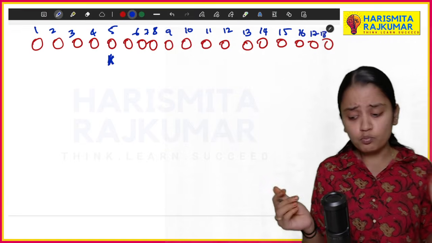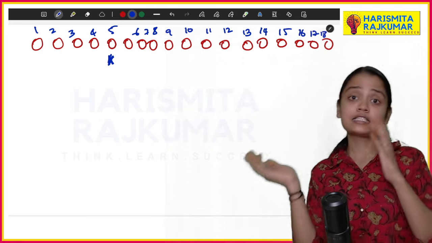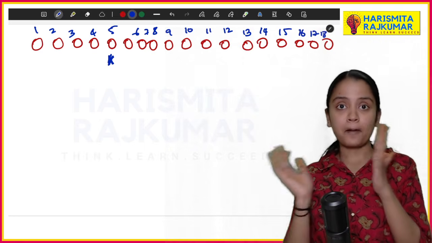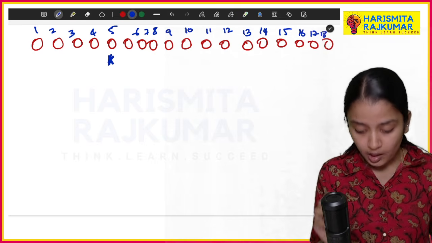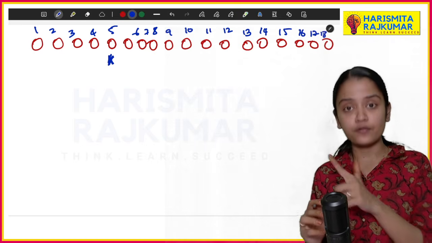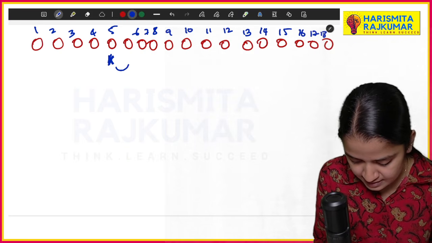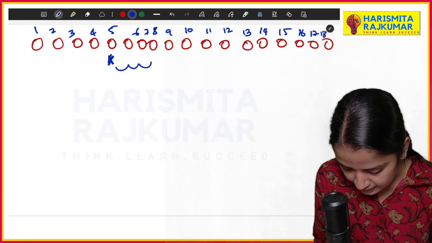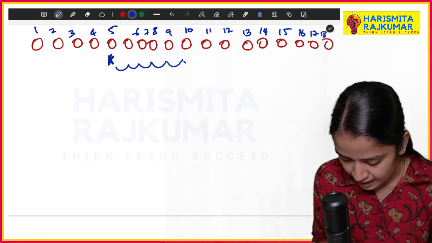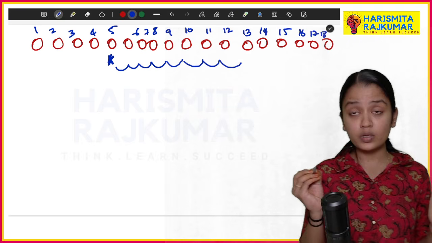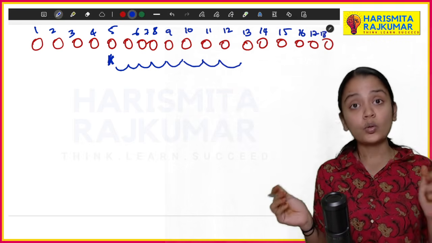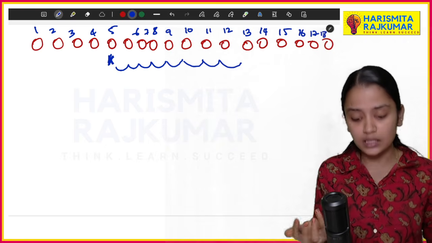We assumed Mona's position is 6th from the right hand side. But after that, Kashish is 13th from left. So this is already 5, then 6, 7, 8, 9, 10, 11, 12, 13. So his place was 13th from left.